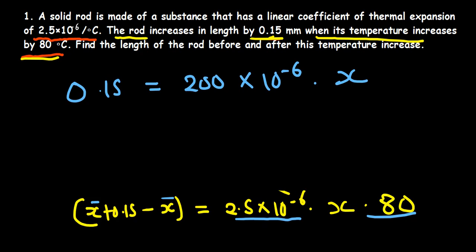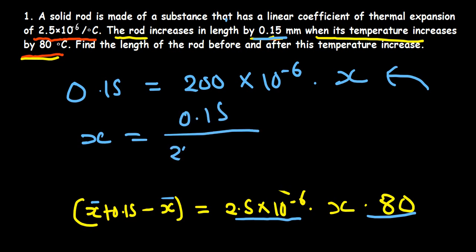Our goal is to find x, the original length, and once we have it, we can add 0.15 to find the final length. So x equals 0.15 divided by 200 multiplied by 10 to the power minus 6. What are we going to get as our answer?